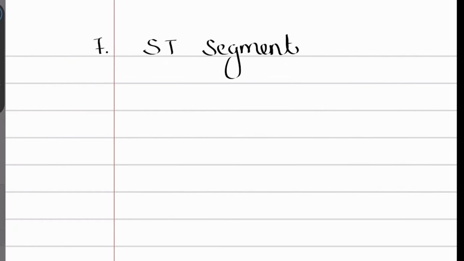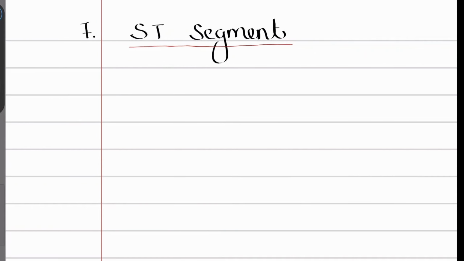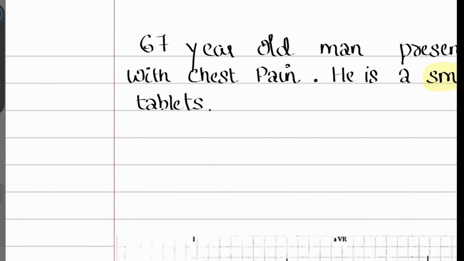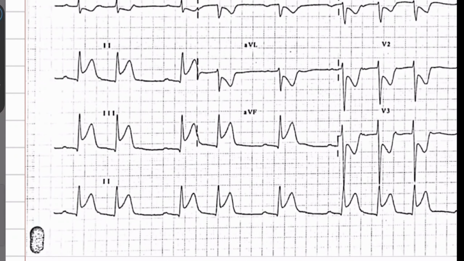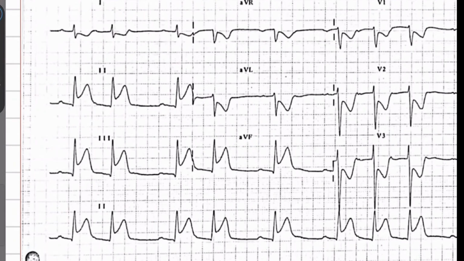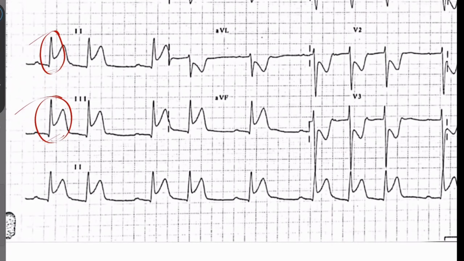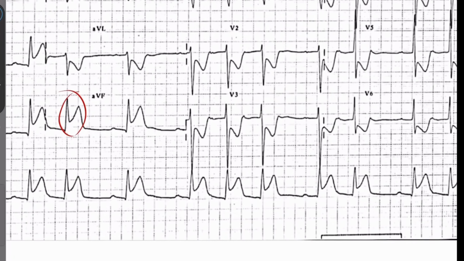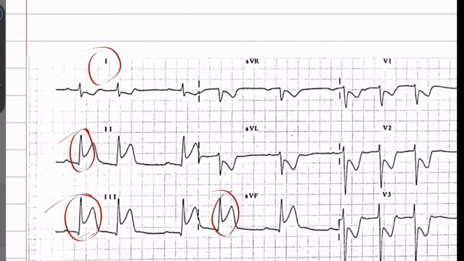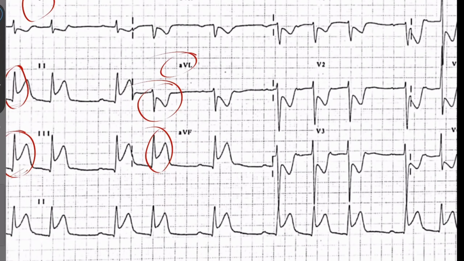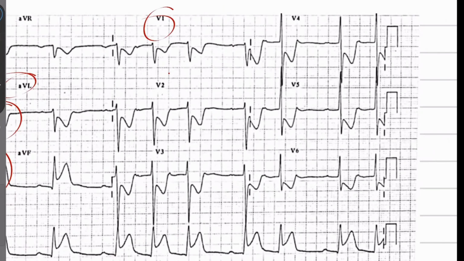Next comes the ST segment. ST segment is very important. You see in every lead, which all leads you see ST segment changes. Yes, I have seen that this ST segment is elevated here. ST segment elevation. Here also ST segment elevation. You see in AVF also ST elevation, and you see ST segment depression in lead 1, AVL, and V1, V2, V3, V4, V5, V6.